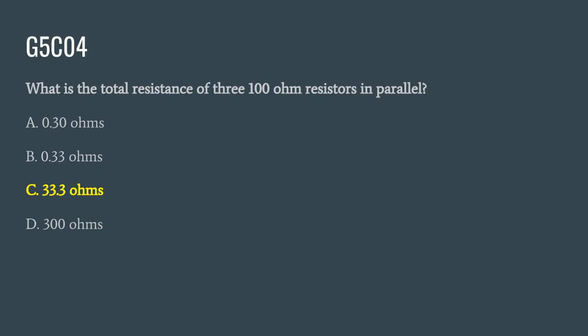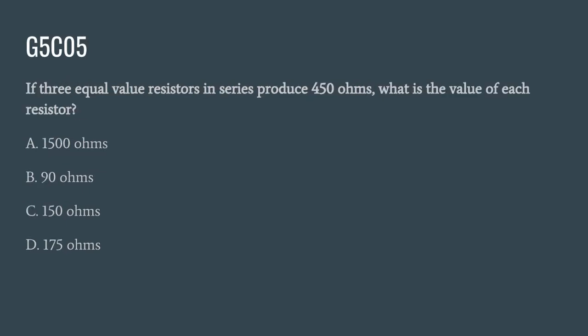Correct answer here is C. 33.3 ohms. G5C05. If 3 equal value resistors in series produce 450 ohms, what is the value of each resistor? A. 1500 ohms. B. 90 ohms. C. 150 ohms. Or D. 175 ohms. Correct answer is C.